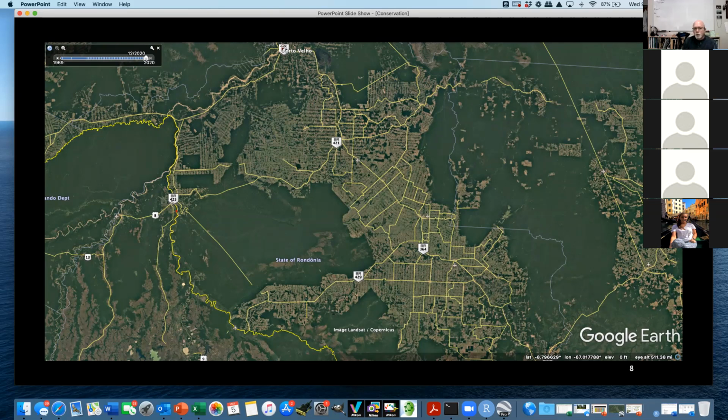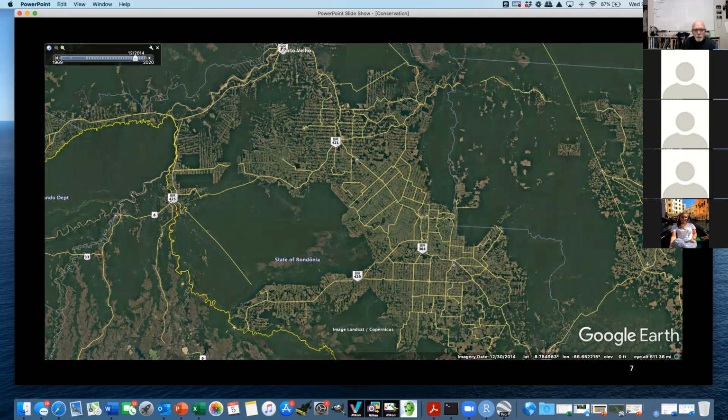And as a result, where they have that access, they have basically deforested those areas and converted them into agriculture. And so deforestation is just one example of land use, land change that can negatively impact any group of organisms, but can impact amphibians and reptiles as well.